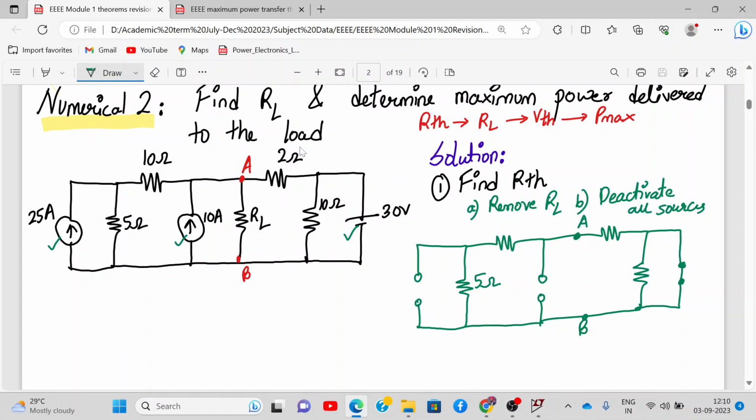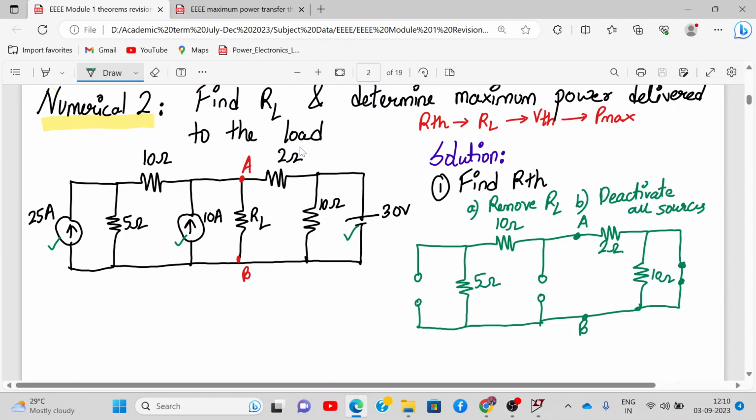Got it? This is 2 ohm, 10 ohm, and 10 ohm. Have you drawn the diagram?